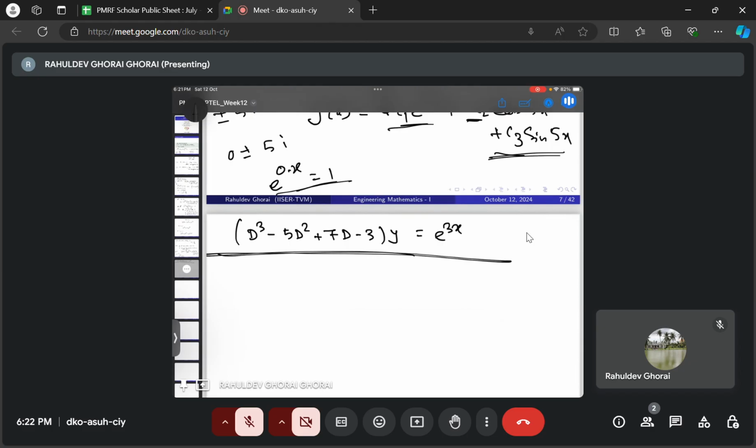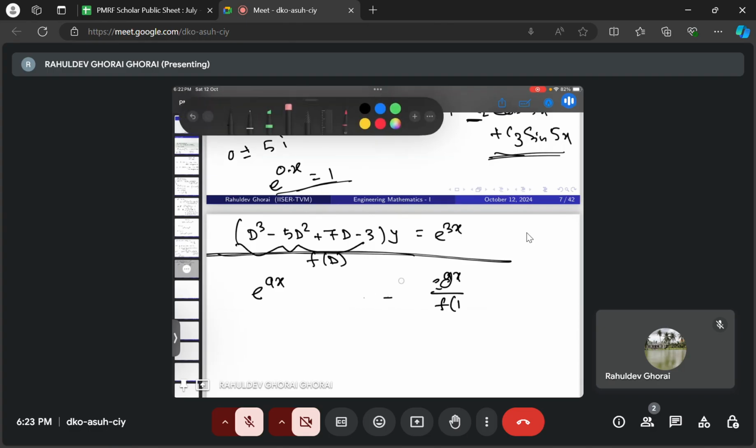If you have e to the power ax on the right hand side, then the particular integral, writing the whole thing as f(D), will be 1 over f(D) times e to the power ax.